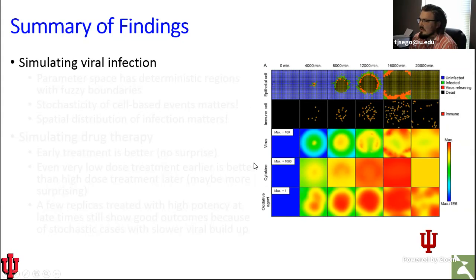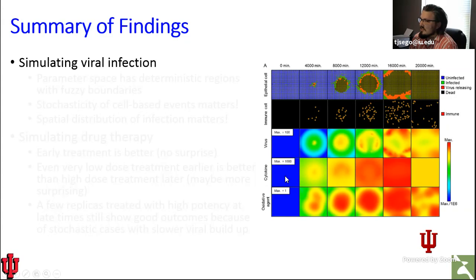And then you can see here the virus, cytokine, and oxidative agent fields. You particularly notice for red values, these are higher levels of the diffusive species, whichever one you may be looking at, and blue showing lower values. You'll notice a correlation between the location of significant aggregates of virus-releasing cells and significant accumulation of extracellular virus in the virus field.